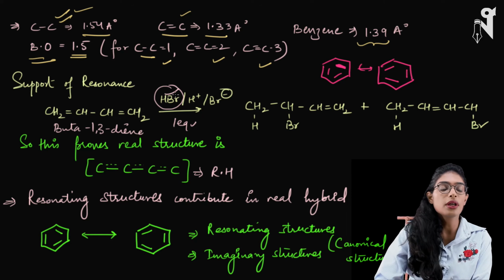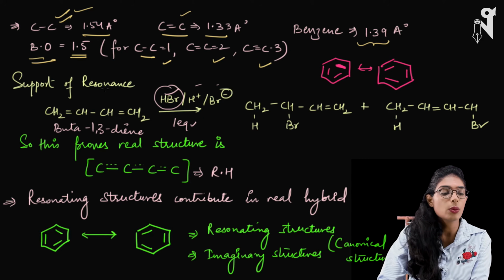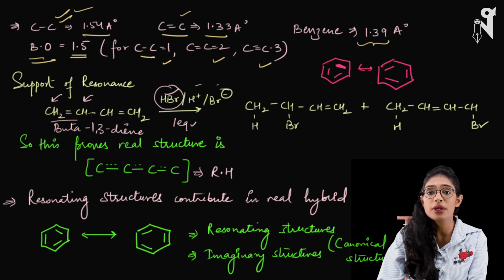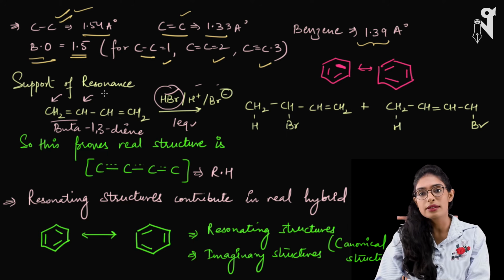So HBr will first break down into H plus and Br minus. If I target the first double bond, then H plus will go to the first carbon and Br will go to the second carbon. Why that happens is a different concept altogether, which we'll learn in mechanism.